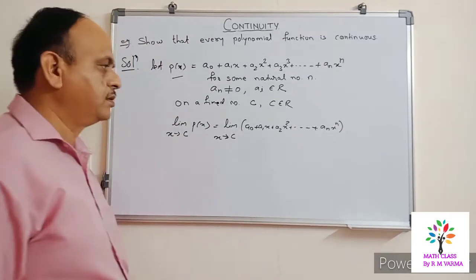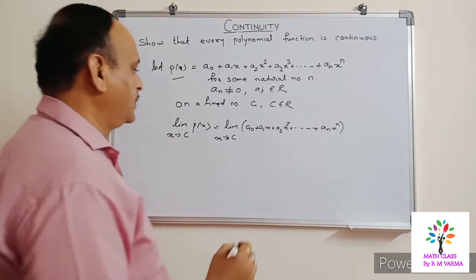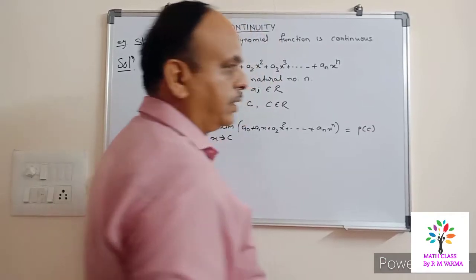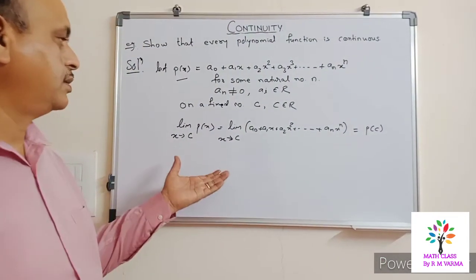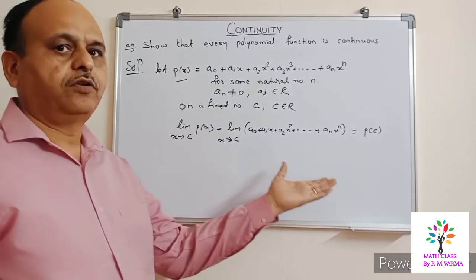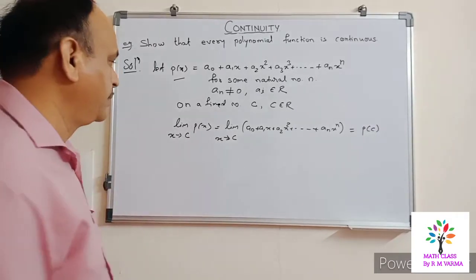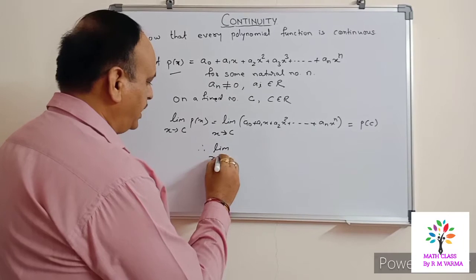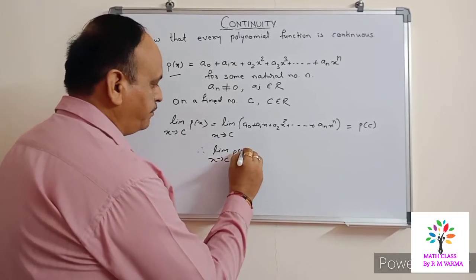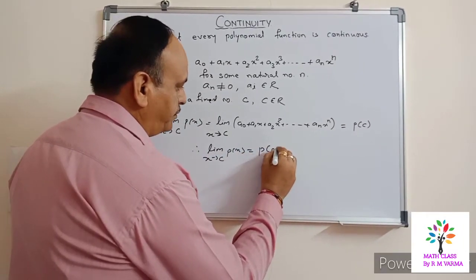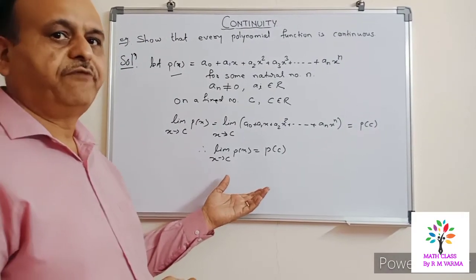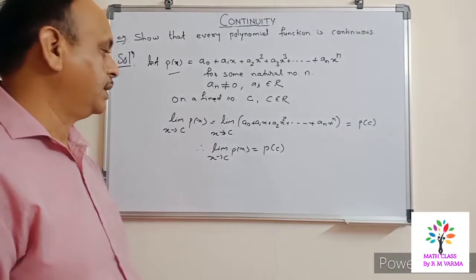When we put x equals c, we get the value p of c. It means the limit and the value of the function are the same. Therefore, we can write limit x tends to c p(x) is equal to p of c. So it is defined and we have the same values of limit and the function.